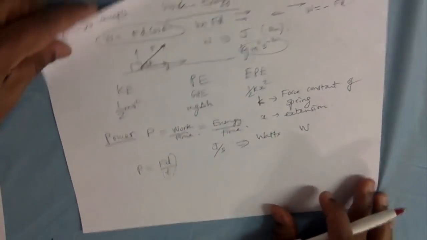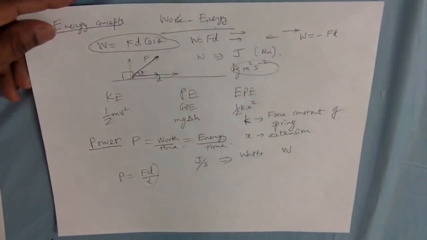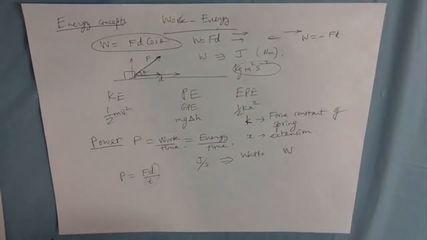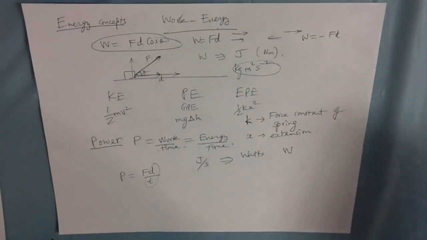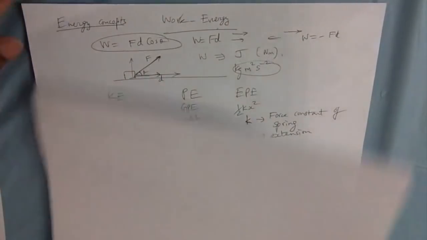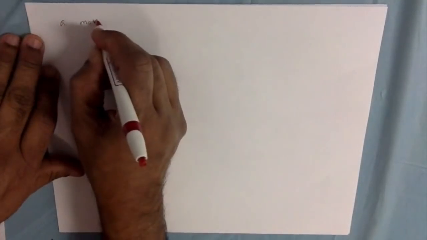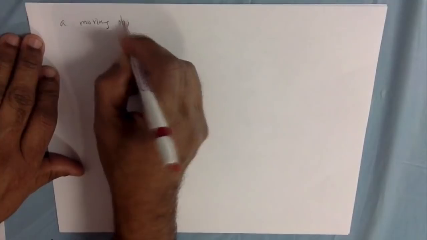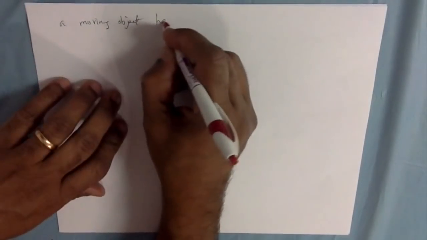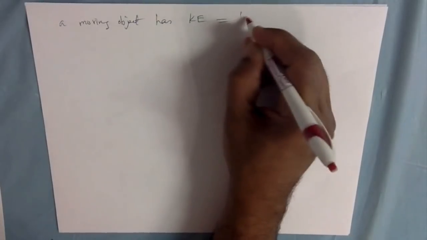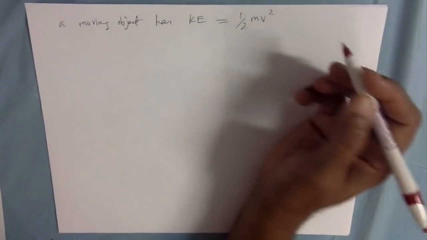And beyond this, I want to introduce you to what is known as momentum. A moving object has kinetic energy because it's moving, and the kinetic energy is half mv squared.